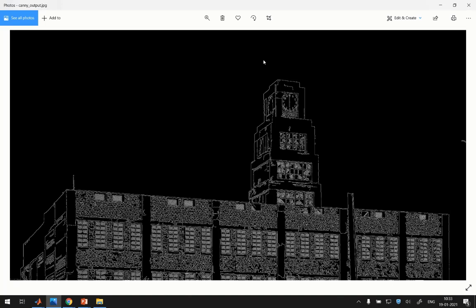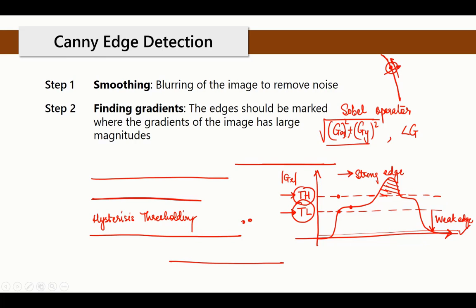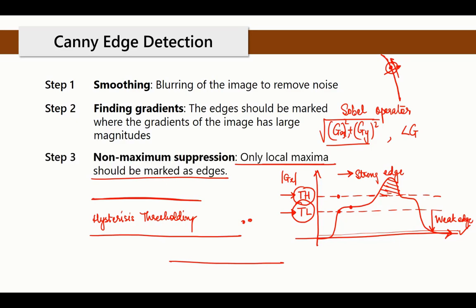And what are the steps that you follow in Canny? Let's recapitulate. The first step you do is smoothing. The next step is finding gradients, doing simple Sobel. So actually Canny takes the Sobel output as its input. Then it does non-maxima suppression, chooses only local maxima that should be treated as edges.